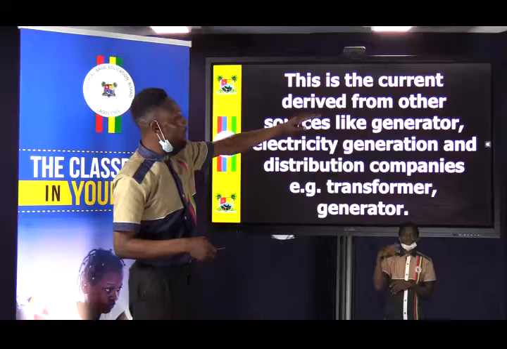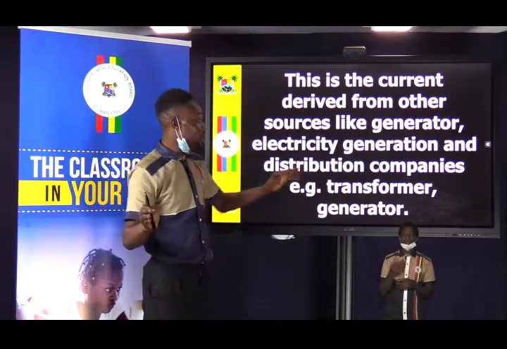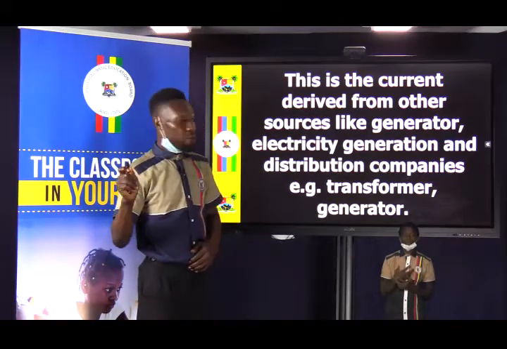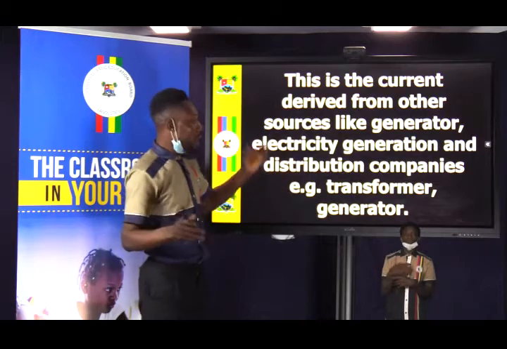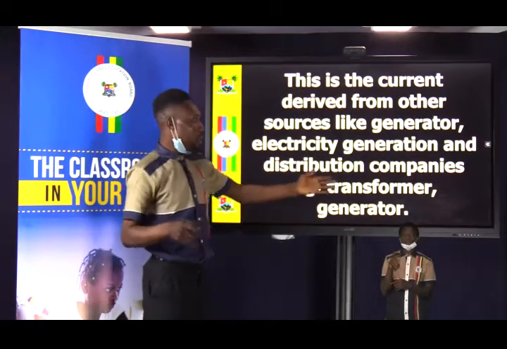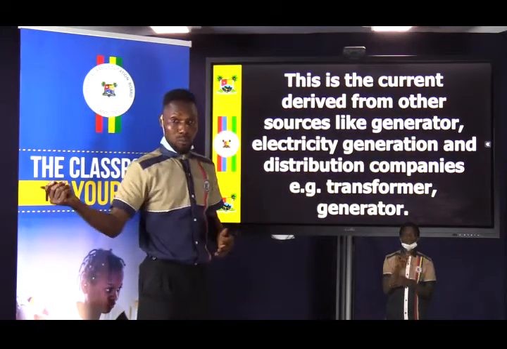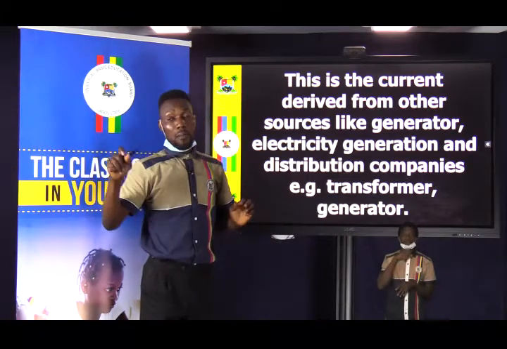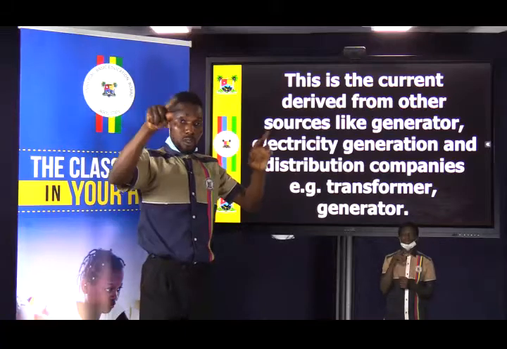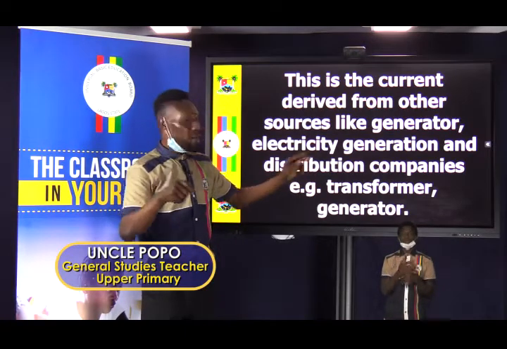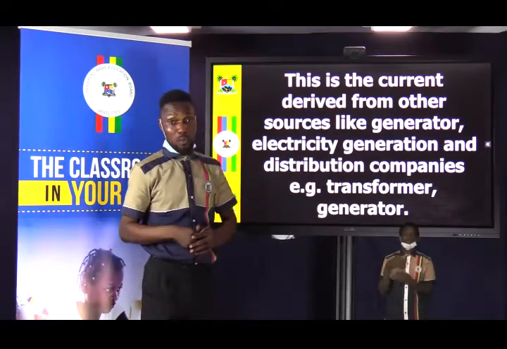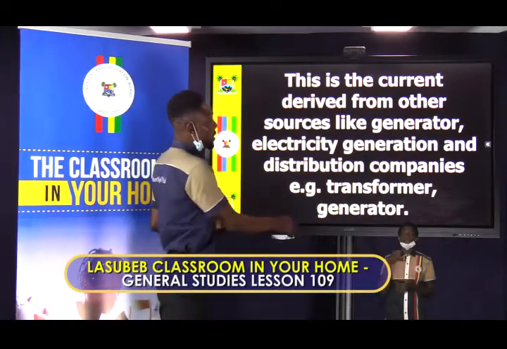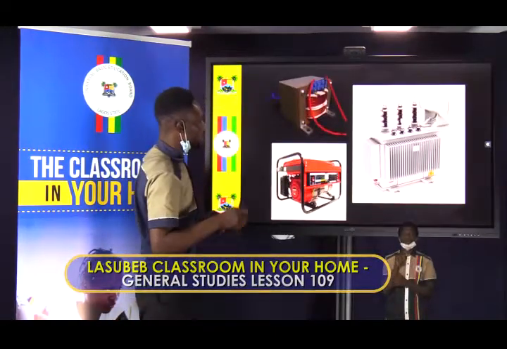So the current derived from other sources like your generator, electricity generation and distribution companies are alternating current. For example, the transformer: for your power supply, you must have a transformer maybe in your street or that belongs to your community that will generate the power, or a generator. These are good examples of alternating current.